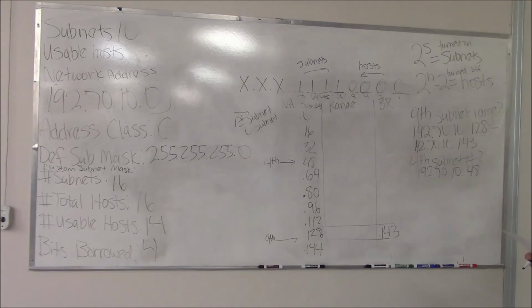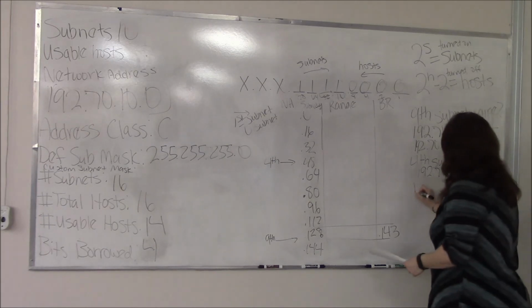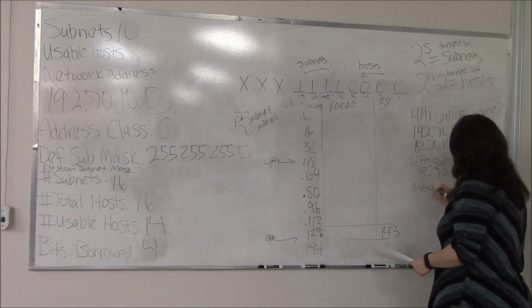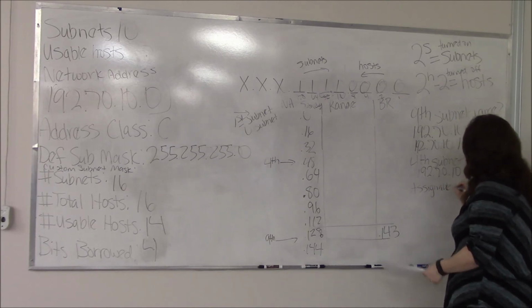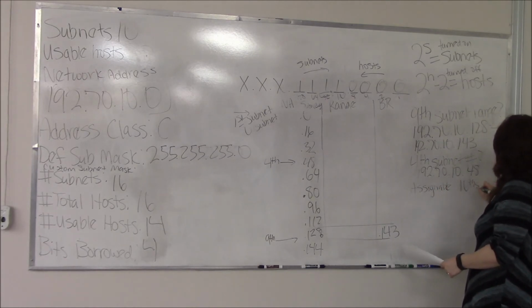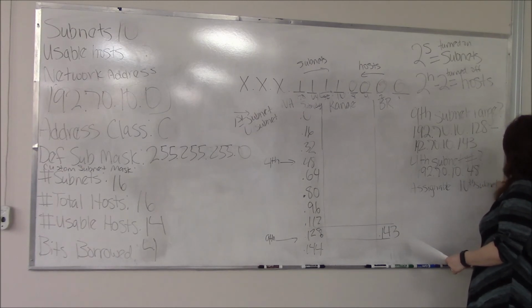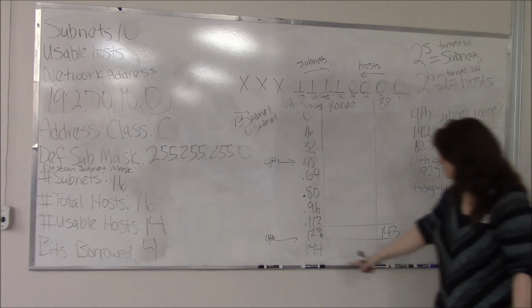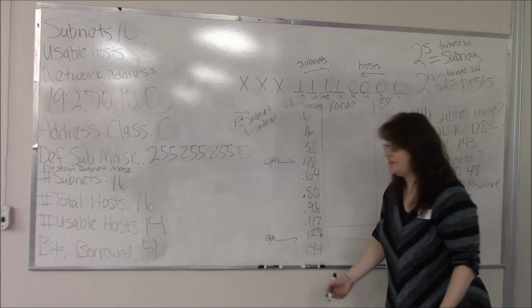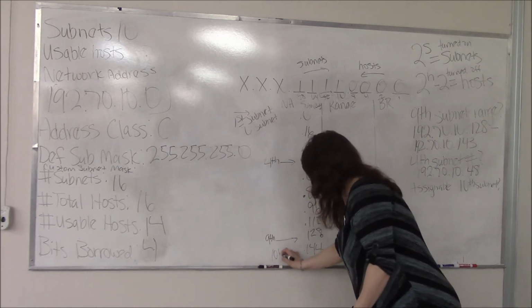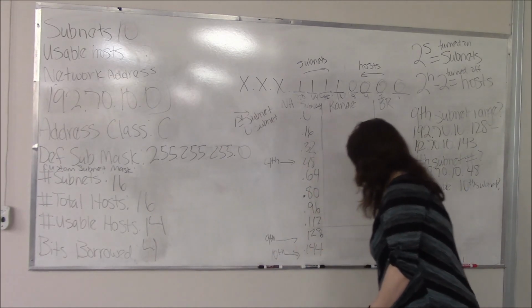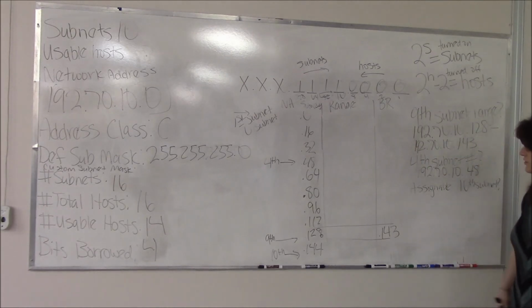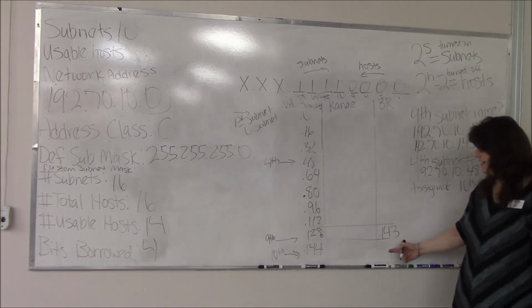Let's get down to the last one. The assignable addresses for the 10th subnet. Well, I know the 10th is the one after the 9th, so I don't really have to count again. I can just say the 10th is right there. And I want the assignable addresses. How do I find my broadcast?